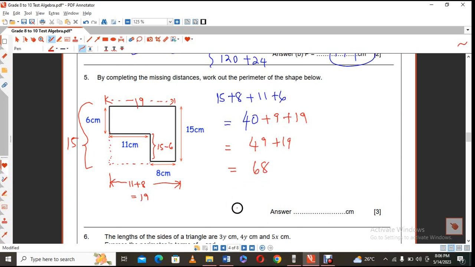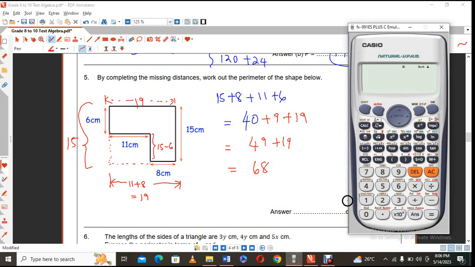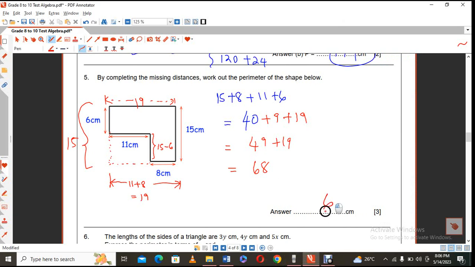So I must just quickly see where did I go wrong. I'm going to grab my calculator. So I have 6 plus 11 plus 8 plus 15. That's the 40 plus 9 plus 19. That gives me 68. Good. So the perimeter is 68 centimeters.